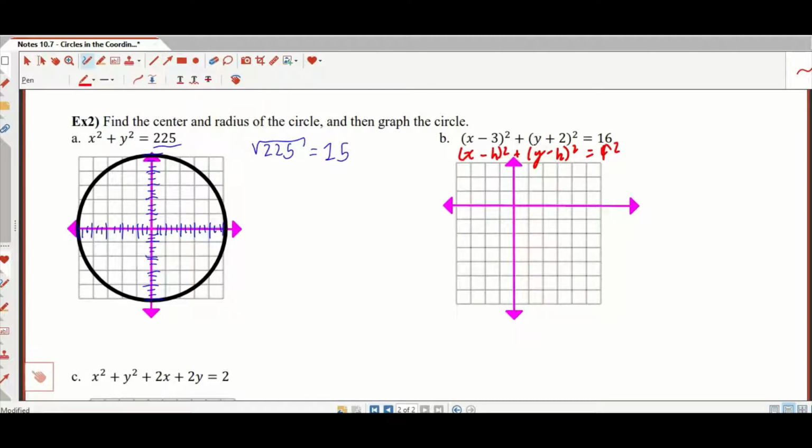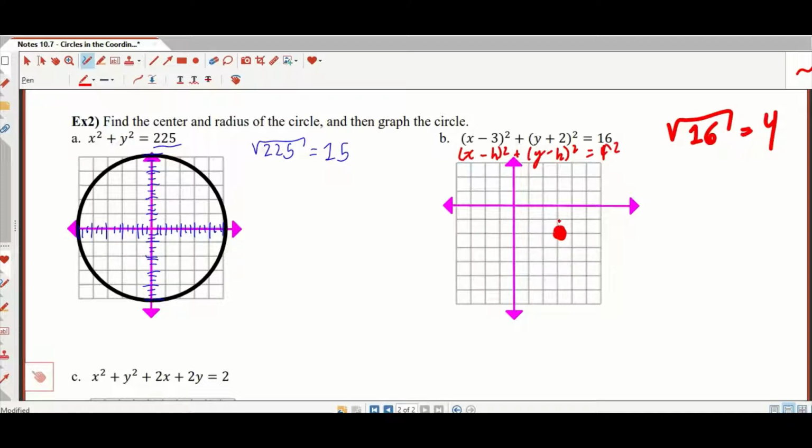So again, that minus 3 is telling me to take my center from 0, 0, where it normally lives, and go right 1, 2, 3. That was x minus a positive 3. Y plus 2 is y minus a negative 2, which means that's going to go down 1, 2. And there's my actual center. Then we can take the square root of 16, which is 4, and that tells me the radius.